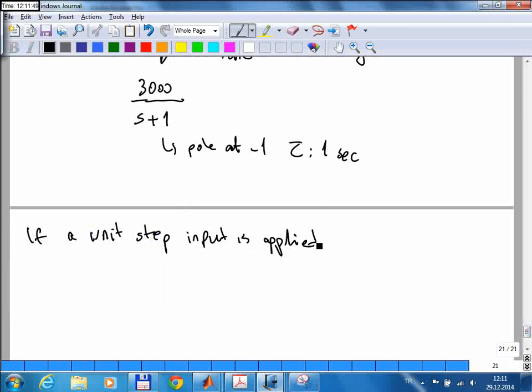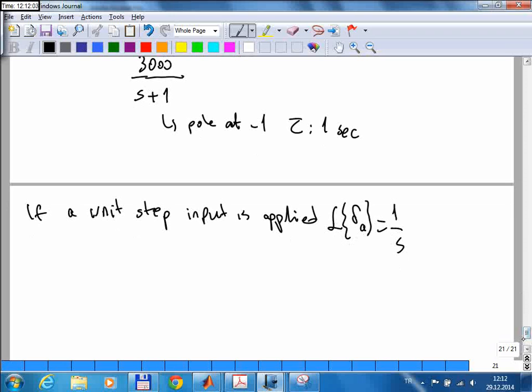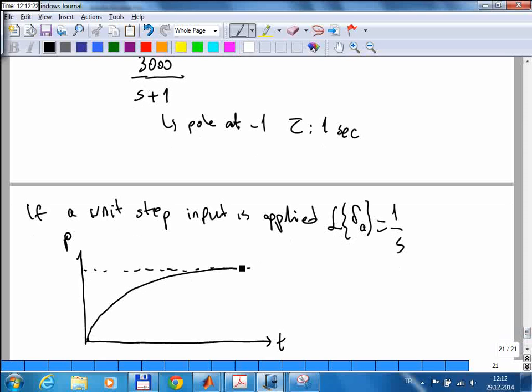So if I apply a unit step input, which means this delta aileron, or the Laplace transform of that, should be 1 over s. Starting from 0 initial conditions, the roll rate will converge to some constant number, right?